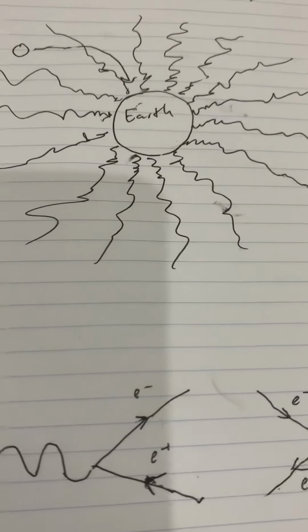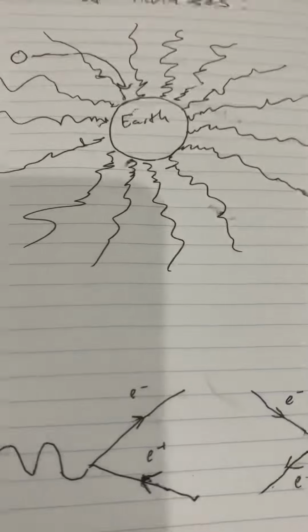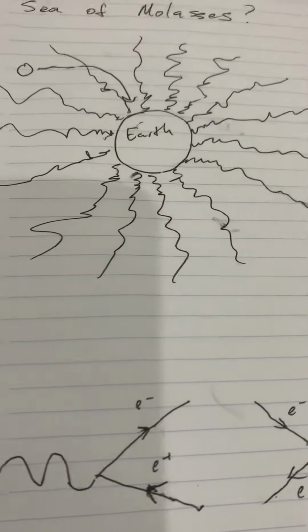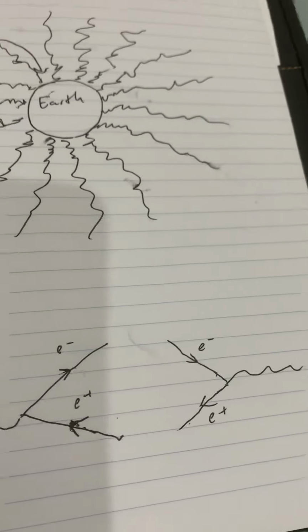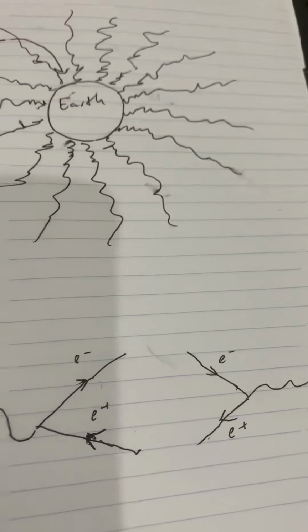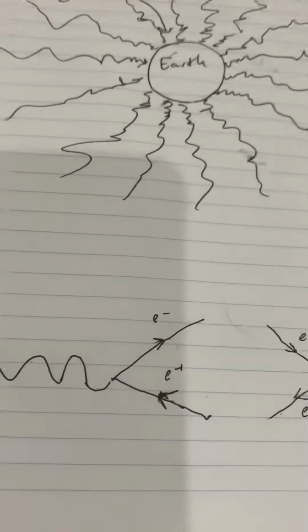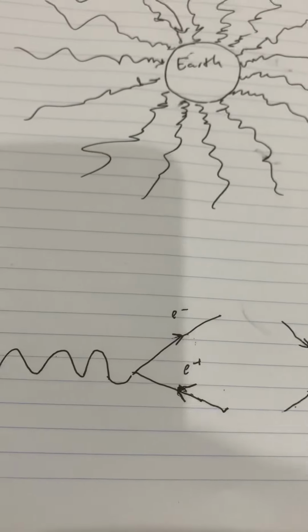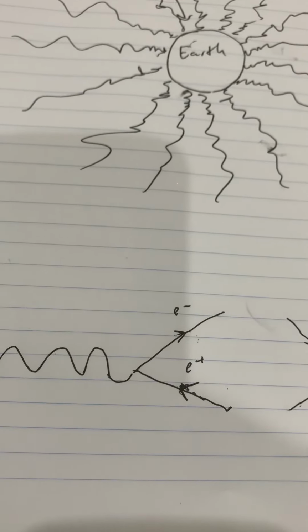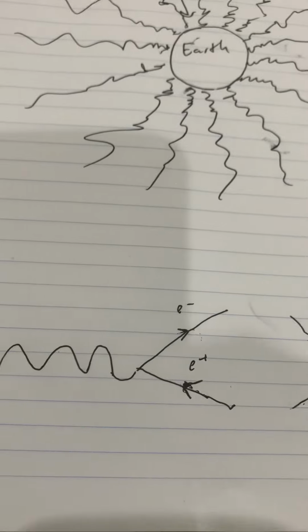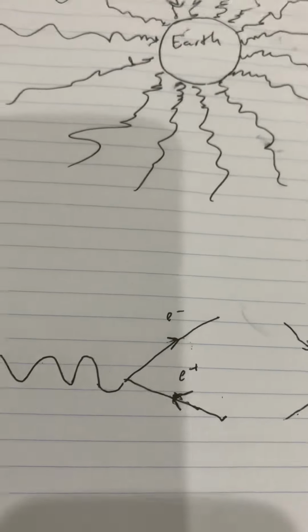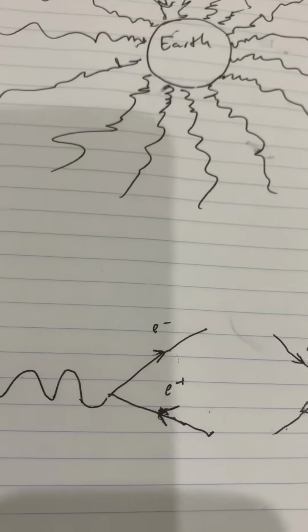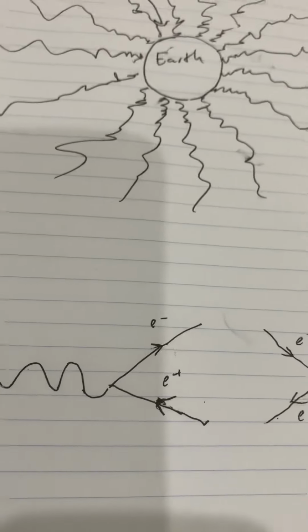It virtually does it all the time, infinitely many times, as described by Richard Feynman. At least that's what he taught us. It's just a statistical probability of how often it happens, but it does happen infinitely as the light travels.